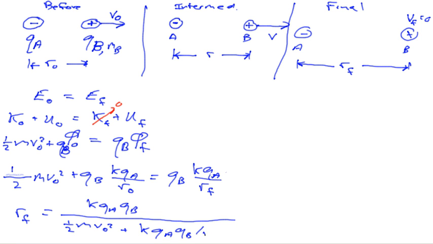QB over R0. I've just distributed that B a little bit. And, okay, which is equal to, let's see, I think I want to divide top and bottom by K QA QB, so it'll just be a little bit easier to evaluate, I think.